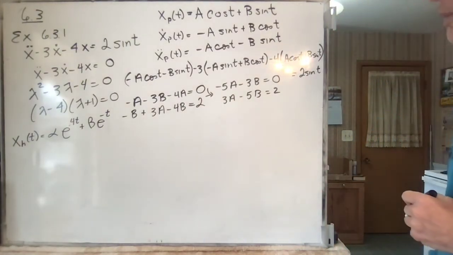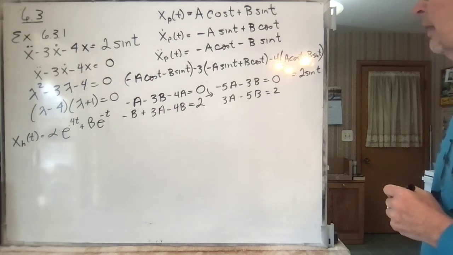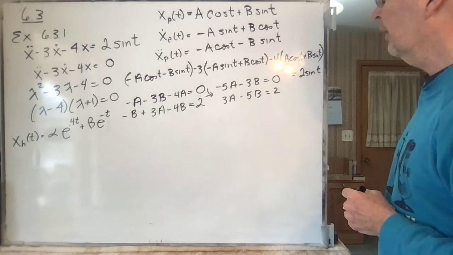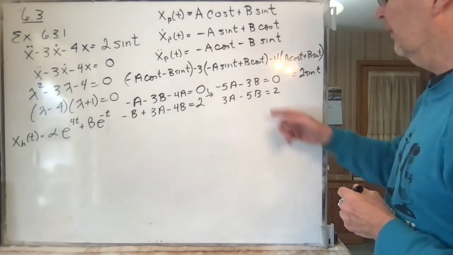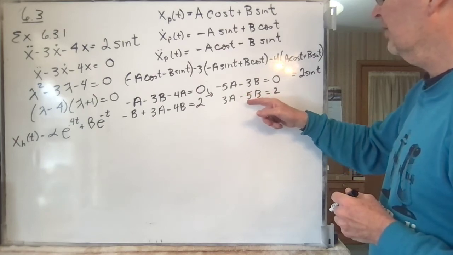Agreed? 3a minus 5b is equal to 2. So one way or another, we need to eliminate one of those constants.